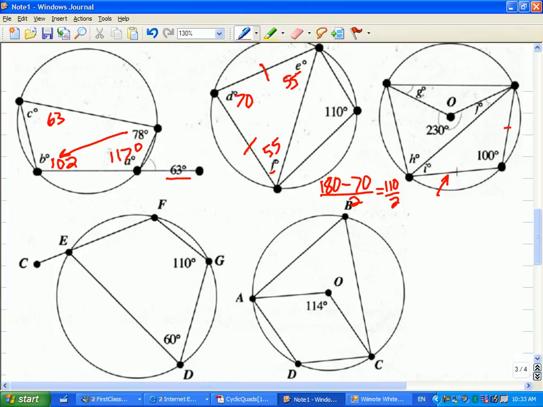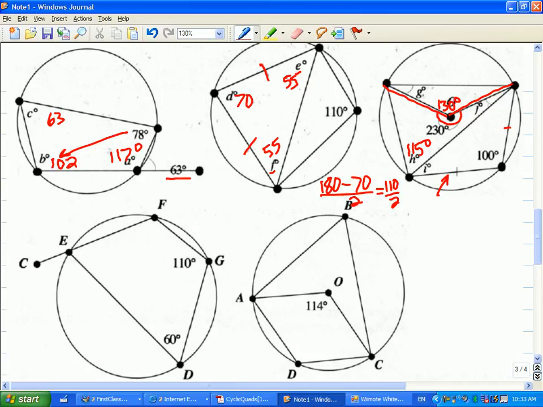So if it's 230 degrees around this, that means there's going to be 115 degrees here. And these are the radius of a circle, so these are the same length. If that's 230 around there, then there's going to be 130 on that side to get me to 360.